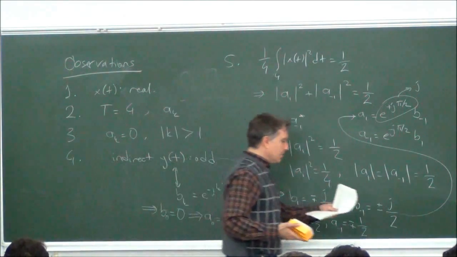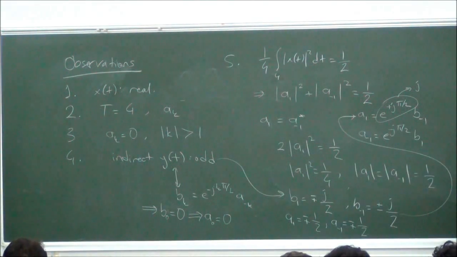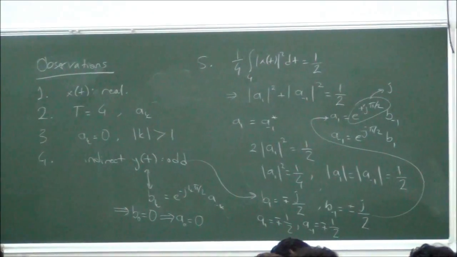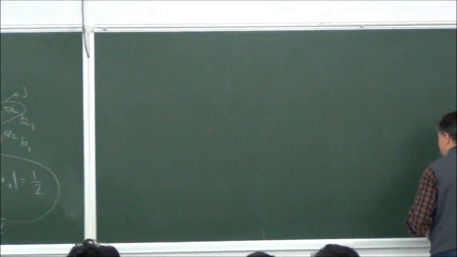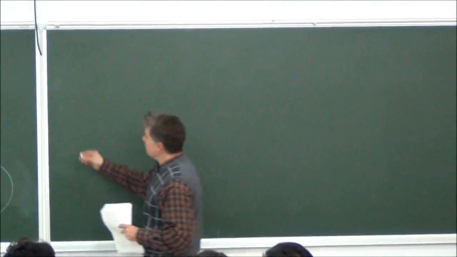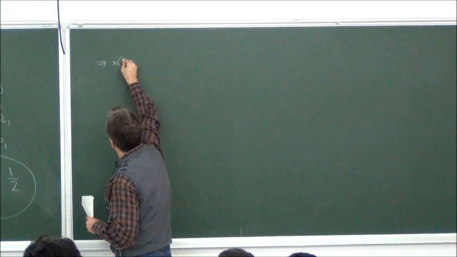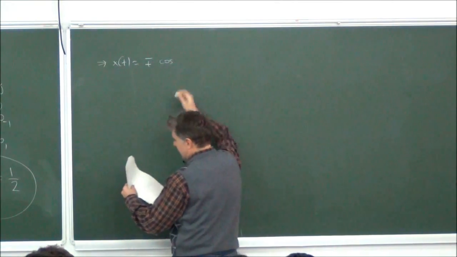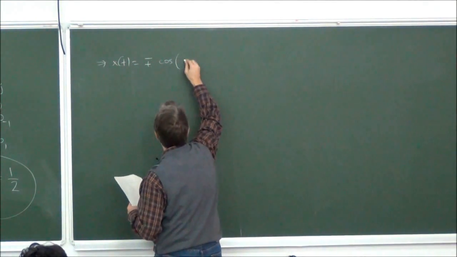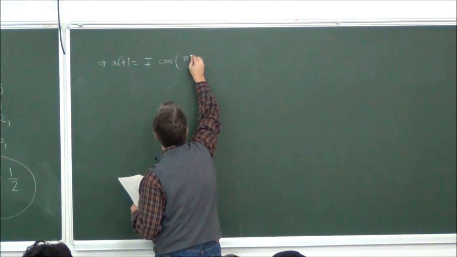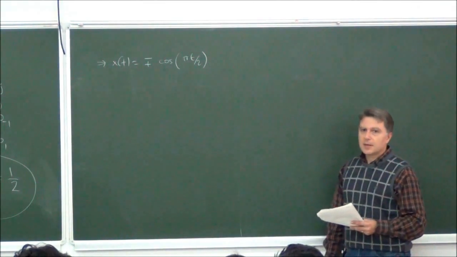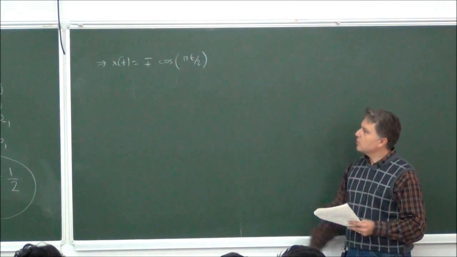The question is asking me, what is the signal x of t? And my answer to that is it's either plus cosine or a minus cosine pi t over 2, or 2 pi over 4t, because the period is 4 from the origin.